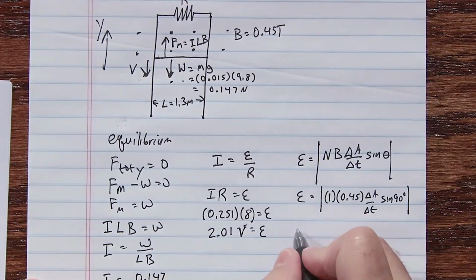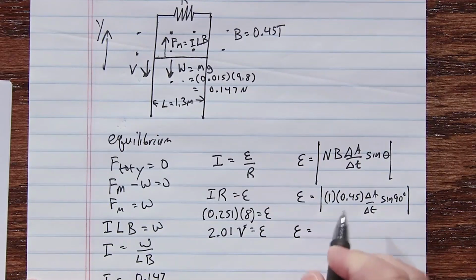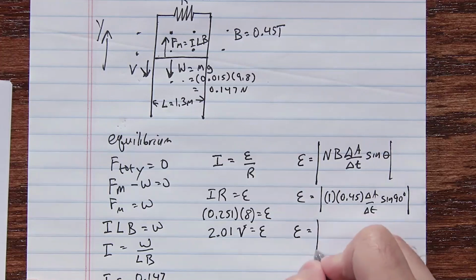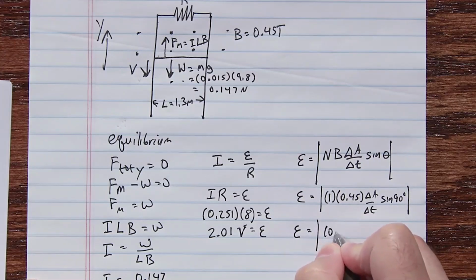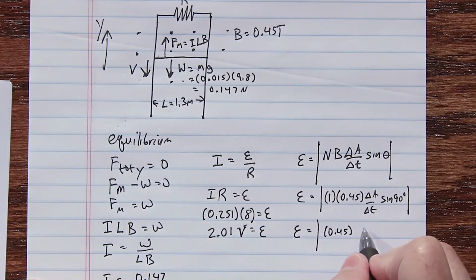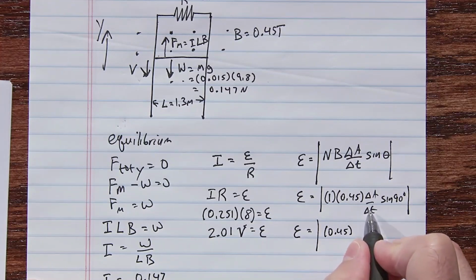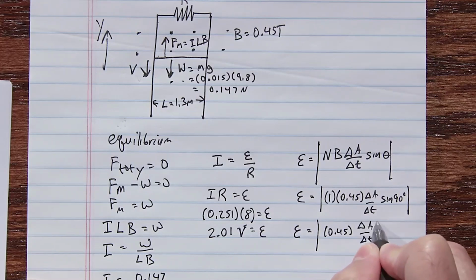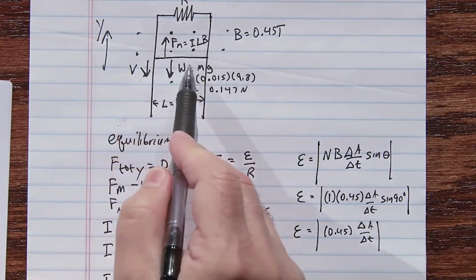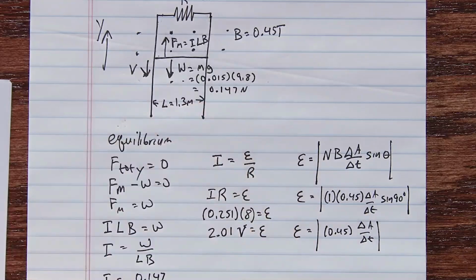So what do we have here? We have the electromotive force is equal to 1 times 0.45 times the change in area. Oh, I'll write that again. Change in area over change in time. Now, what is the change in area of this loop right here with respect to time?